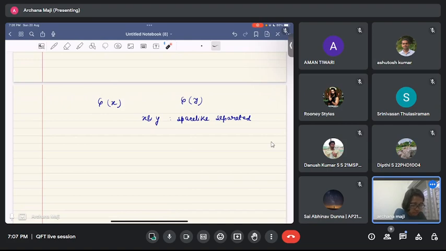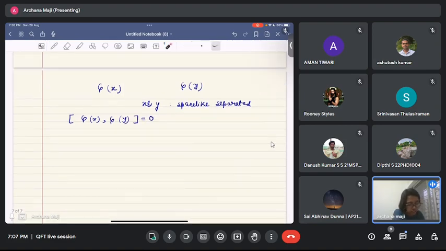And what do we know? We know that when two operators commute, if that commutator is 0, then the measurement of one cannot affect the measurement of the other, because the order doesn't matter. So that's what we need to see.